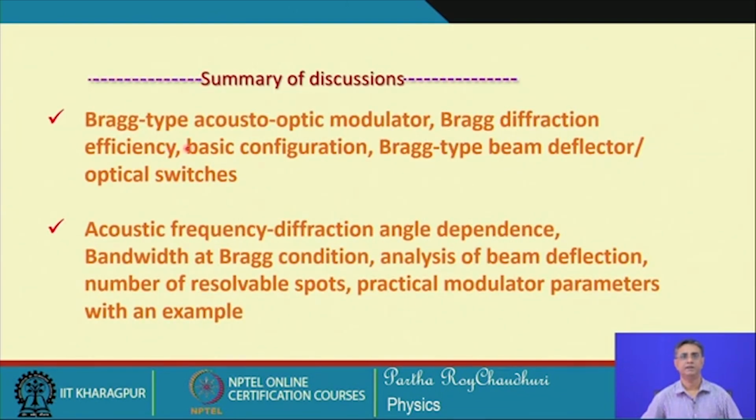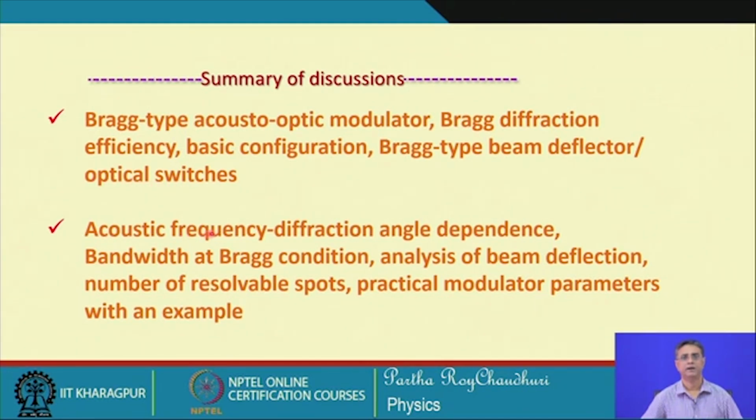So, in summary, we have discussed this acousto-optic Bragg type modulator, with a very interesting application as an acousto-optic beam deflector, which is used for scanning, for optical switches, and many other applications in photonic devices, in integrated optics.